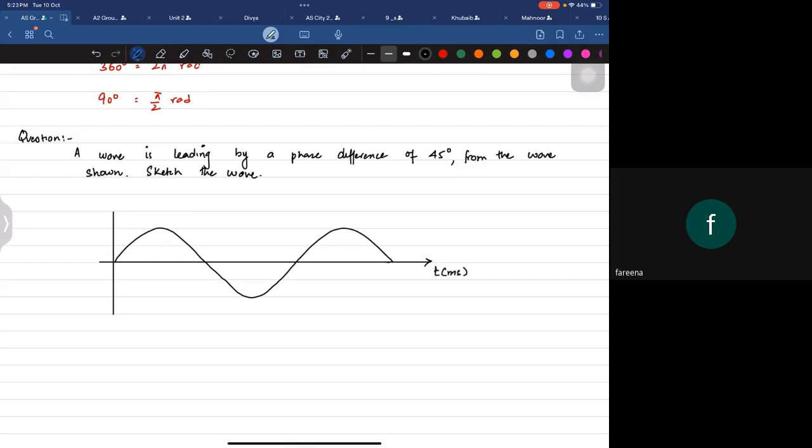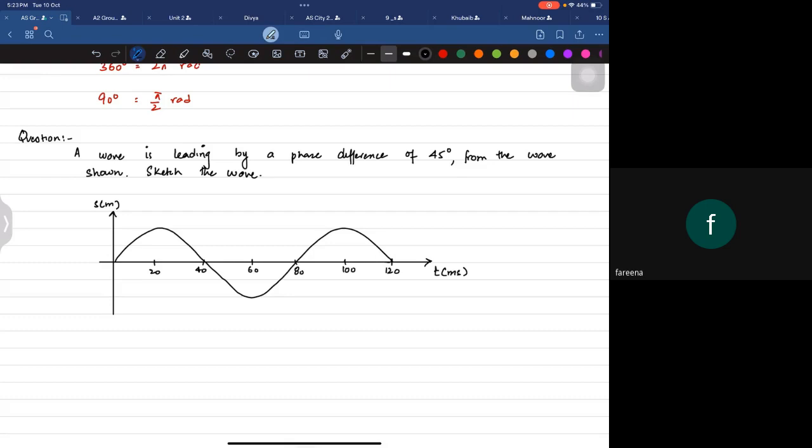Time in milliseconds. Here you have displacement in meters. The wave is already shown, and it's basically 20 and then 40 and then 60, 80, 100, 120, like that.